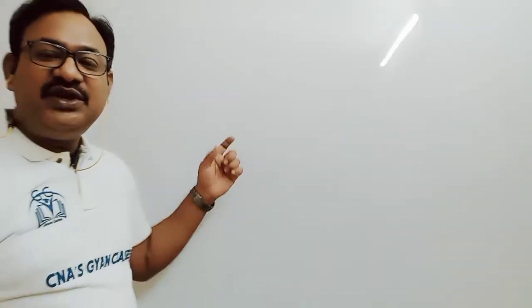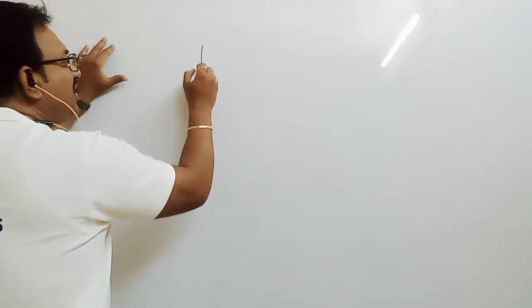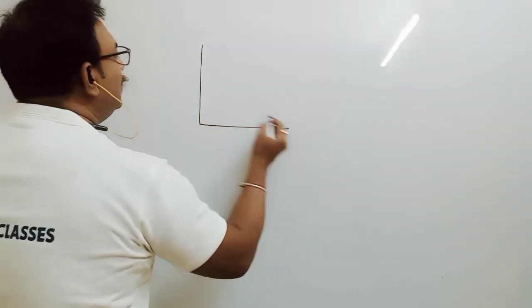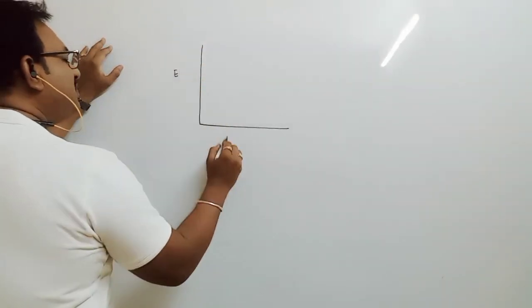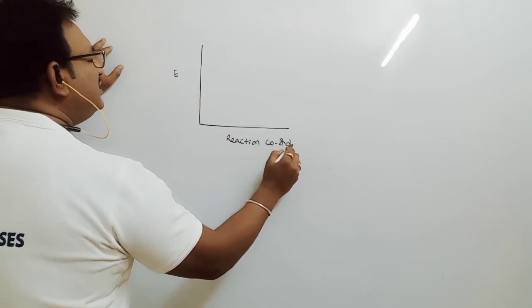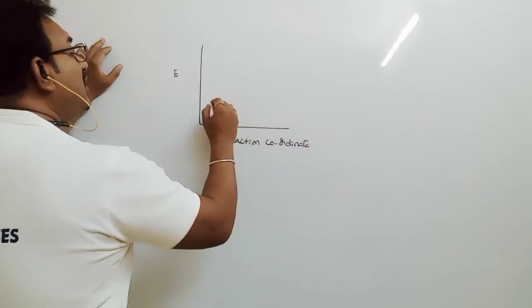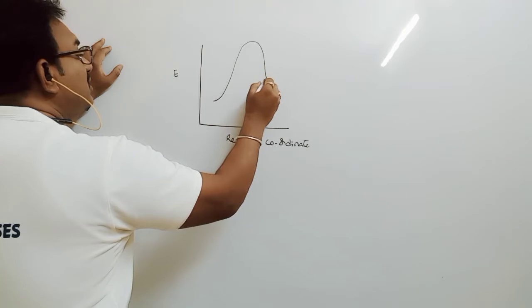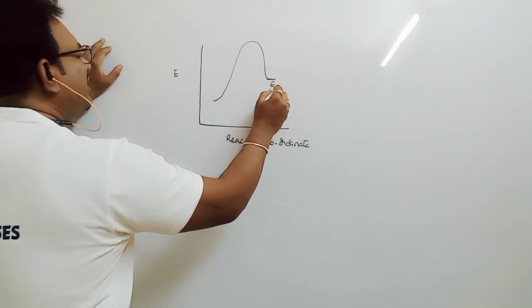Now I'm going through the activation energy and del H relation. Del H means the enthalpy of the reaction. Again, energy versus reaction coordinate.